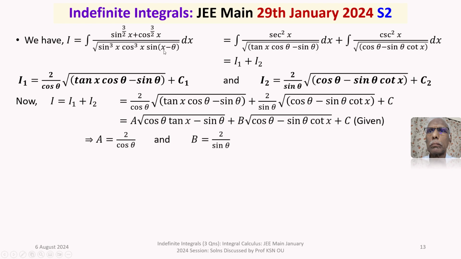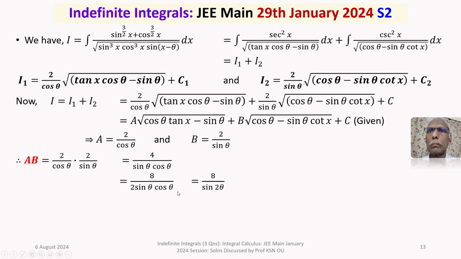But what we want is AB. AB is equal to 2 by cos theta into 2 by sin theta, that is 4 by sin theta cos theta. Now multiply both numerator and denominator by 2. So that will be 8 by 2 sin theta cos theta, and that will be 8 by sin 2 theta, that is equal to 8 times cosecant 2 theta.